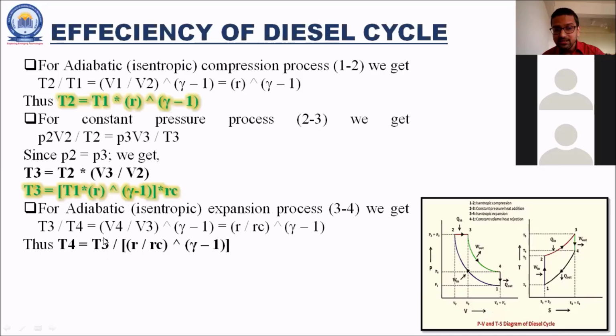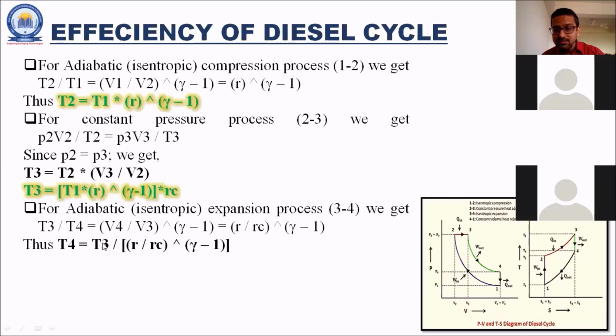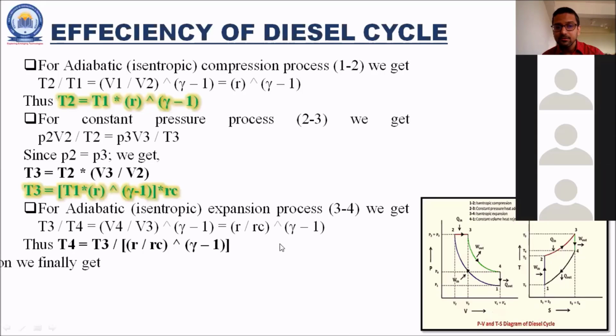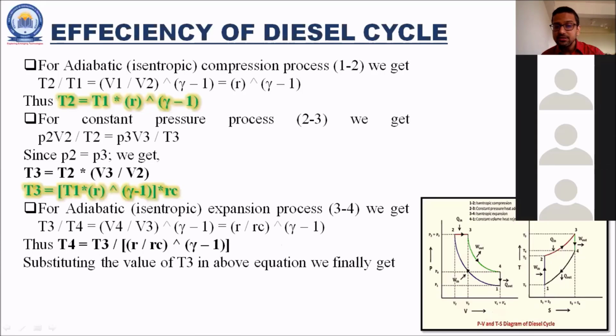We are already having the value of T3. So substituting the value of T3 in the above equation of T4 and doing the mathematical calculations, we are getting the answer T4 is equal to T1 into rc raised to gamma. In your textbook, the value will be written T4 is equal to T1 rho raised to gamma.